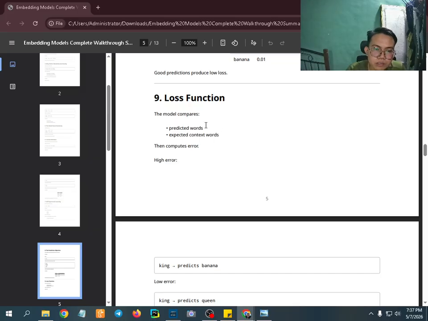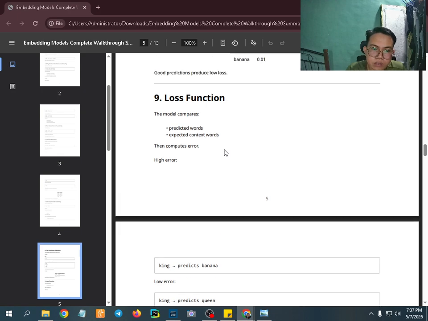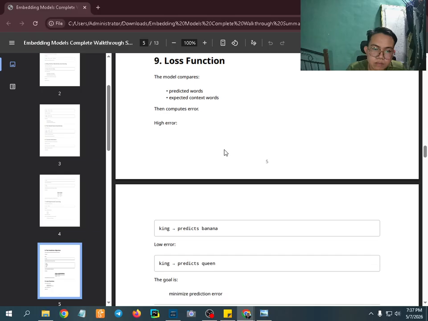The model compares predicted words with expected context words, then computes the error. So high error means high loss. For example, if we have the input word king and it predicts banana, then it would produce high error, because these two words are not associated with each other.